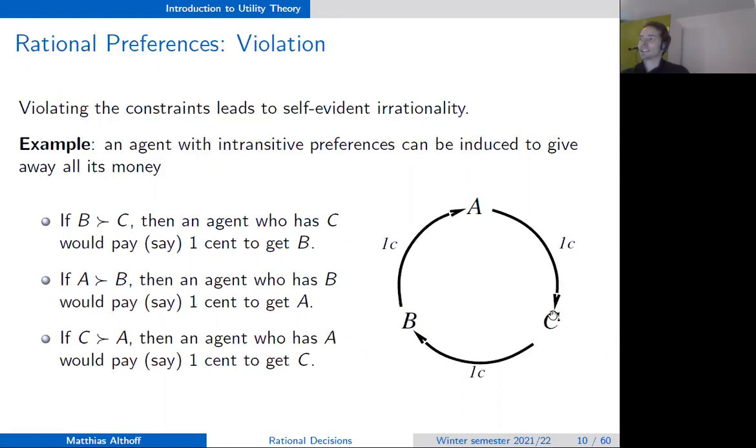This is a little bit like looking at fashion cycles. If you look at what people liked to wear a few years ago, then this sometimes repeats, right?